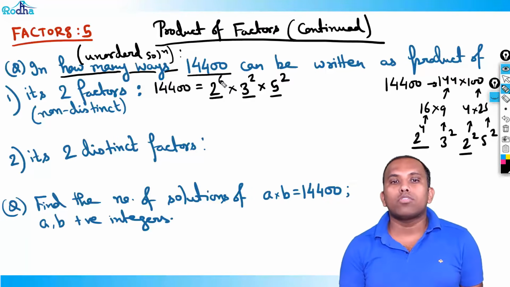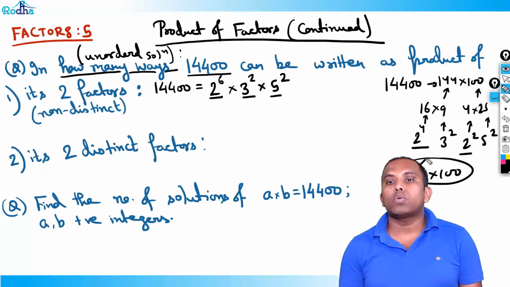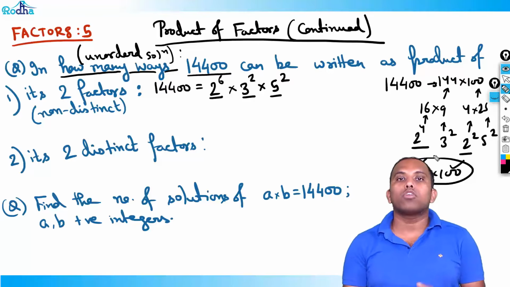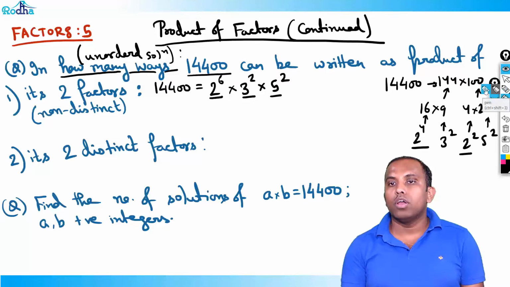Or you can also see that 14,400 is 144 into 100. 144 is 12 square and 100 is 10 square, so both are perfect squares, which means the result is also a perfect square. We can see it both ways. So it is a perfect square.